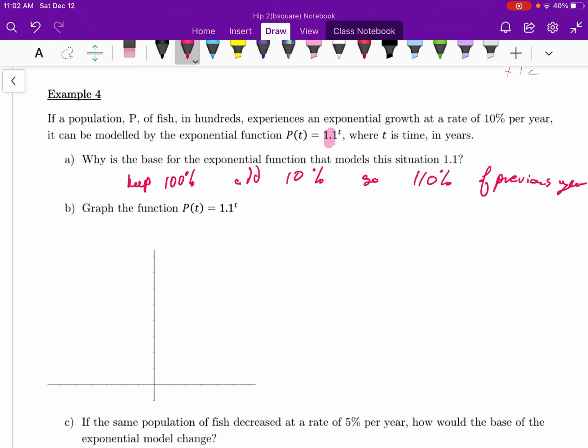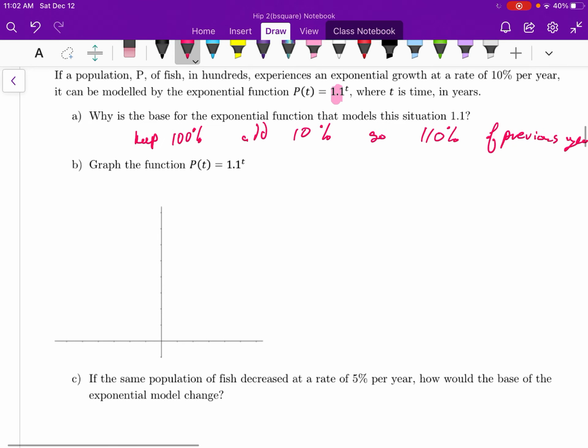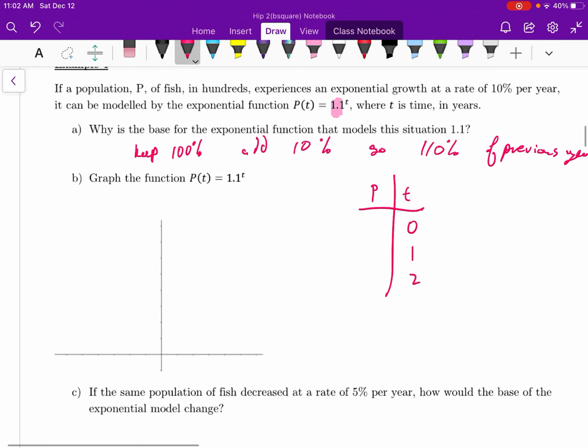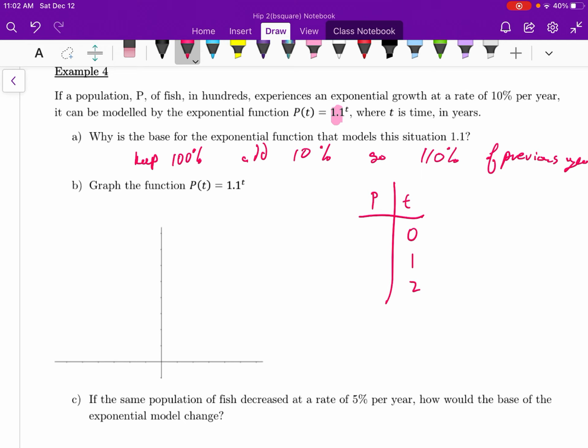Now we're just going to graph this function. I'm going to make a t chart here, P and t. So if time is equal to 0, 1, 2. Now, I don't know in the context of the equation if it makes sense if P is less than 0.